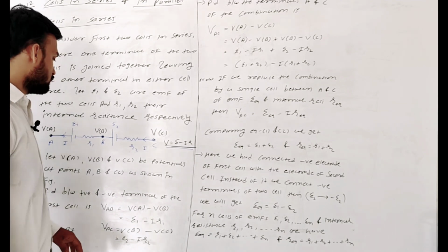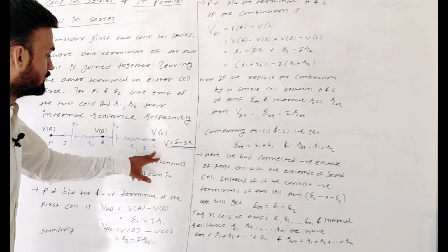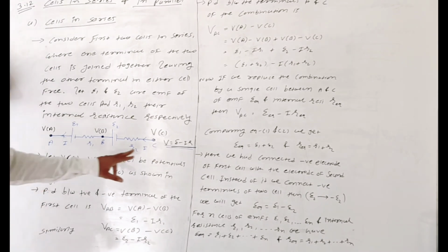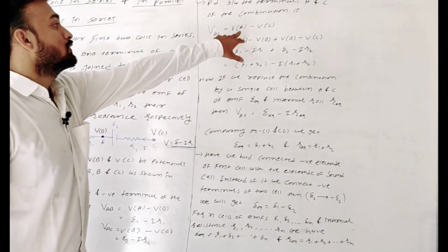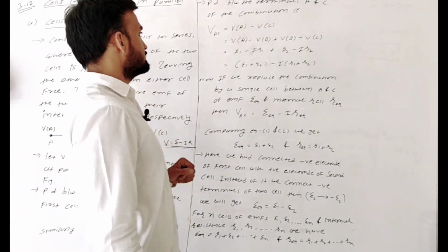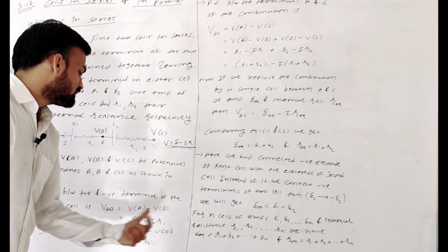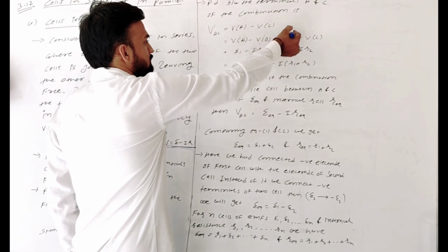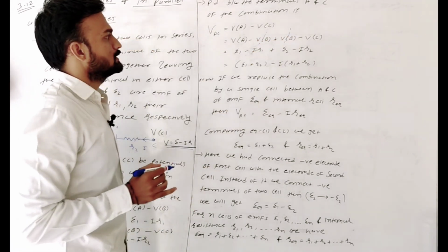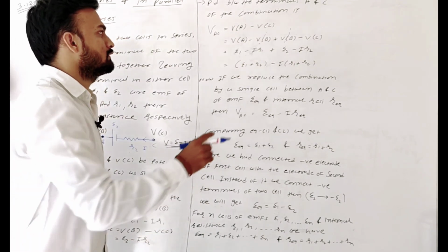Now, the potential difference across A and C, which is VA minus VC. I can say that it is the addition of VA minus VB plus VB minus VC, because if we cancel minus VB and plus VB, then you can see that it is nothing but VA minus VC.